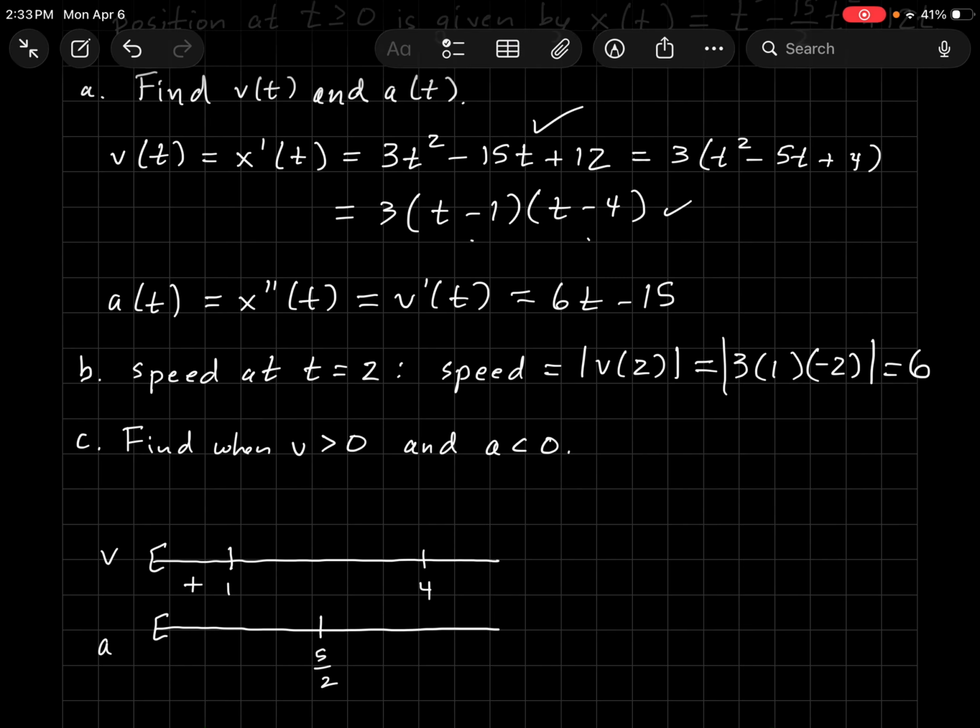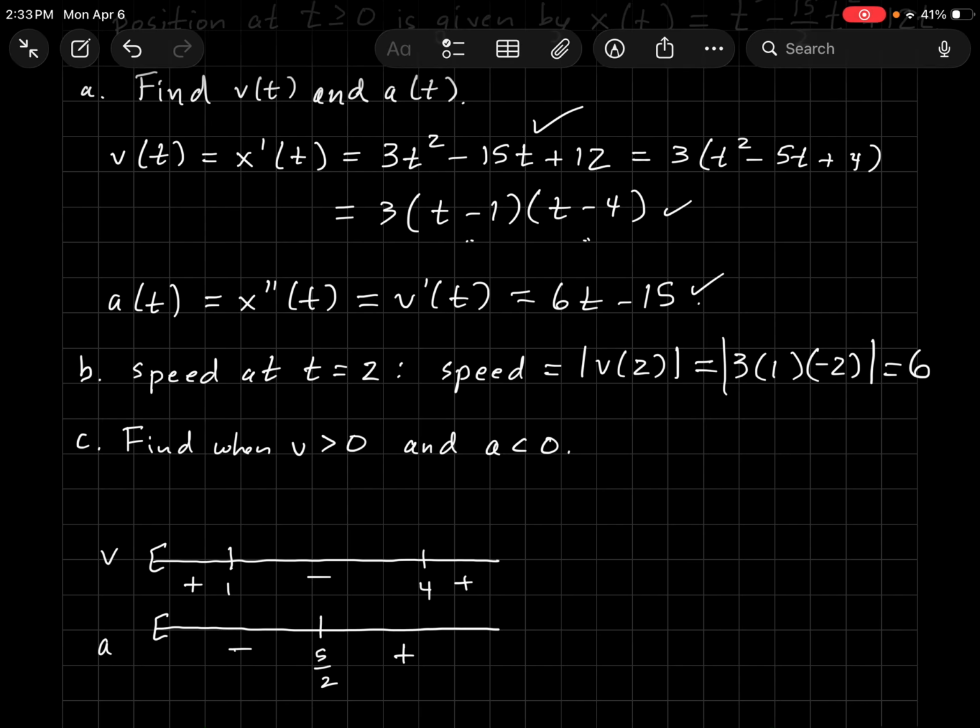If I plug in t equals 2, I get positive times negative. If I plug in t equals 5, I get positive times positive. For acceleration, if I plug in t equals 1 into acceleration up here, I get negative. And if I plug in a number, say, t equals 4 into my acceleration, I get positive.